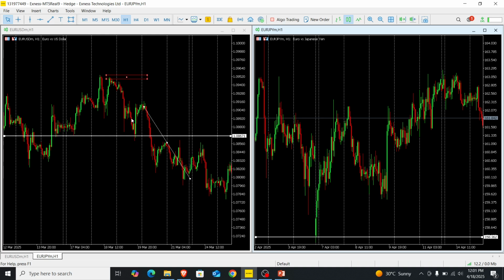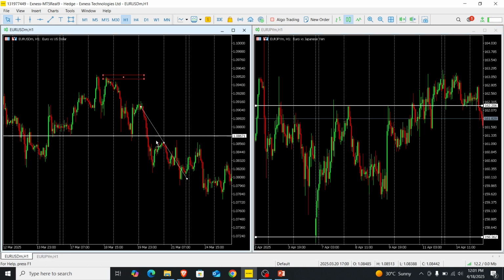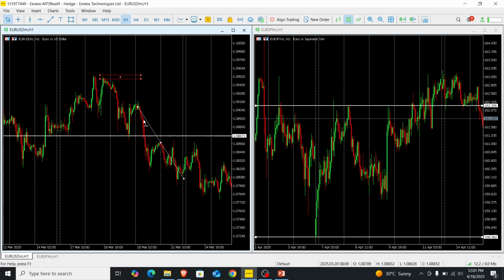There was a little pullback here before the continuation on the next day. For Thursday you could also clearly see there was a break on this level here, and there was no break of the high from Wednesday. So this gave us a continuation of this trend right here.